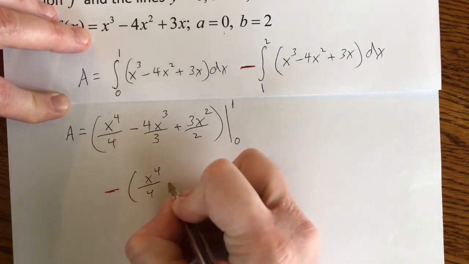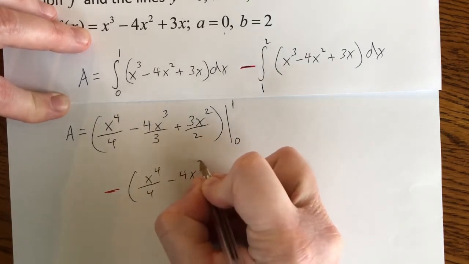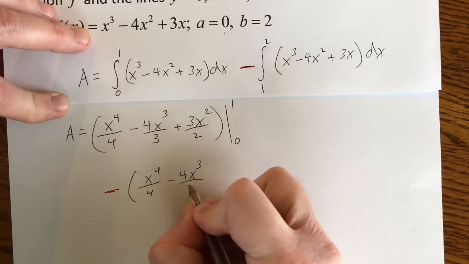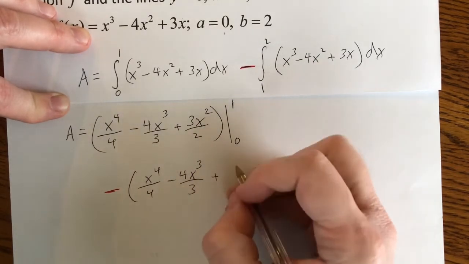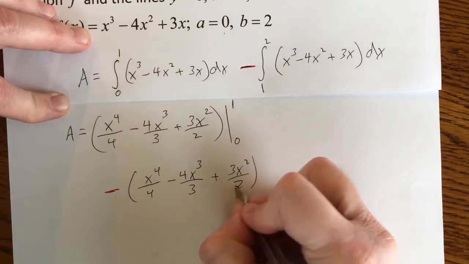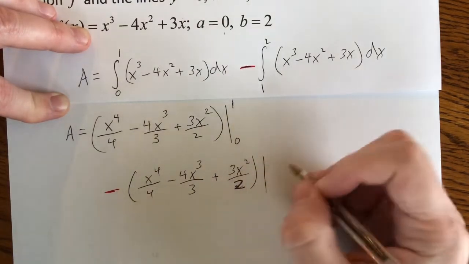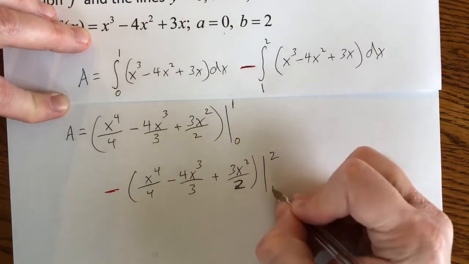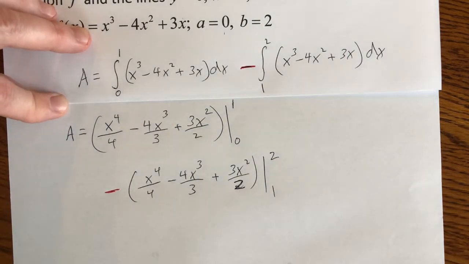We get x to the 4th over 4 minus 4x cubed over 3 plus 3x squared over 2. But now our interval is from 1 to 2. So what does this give us?